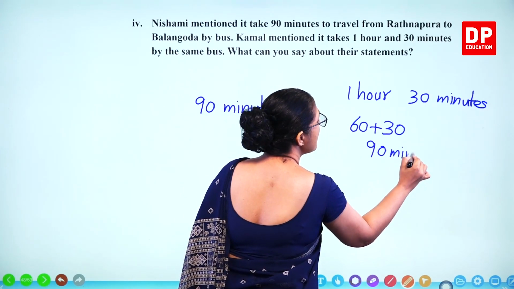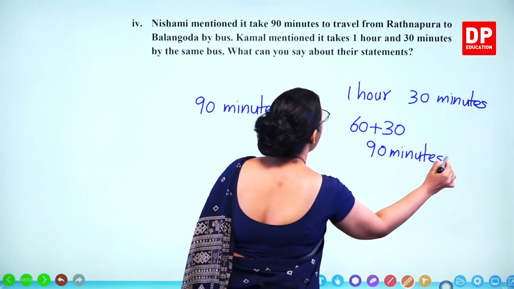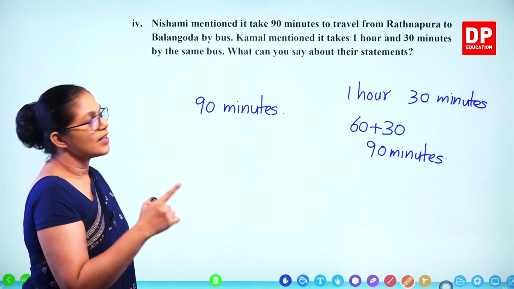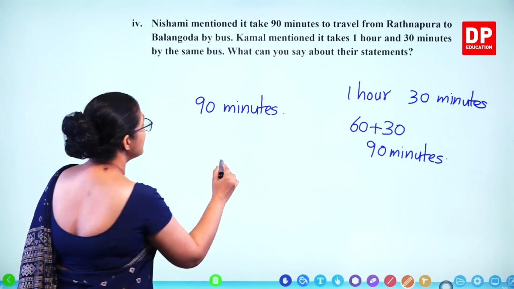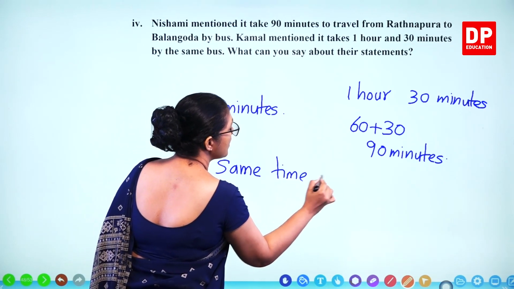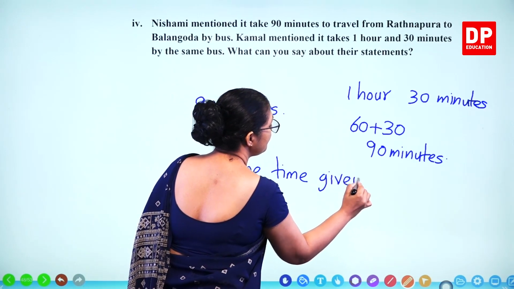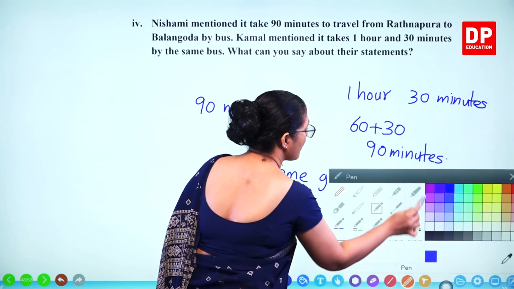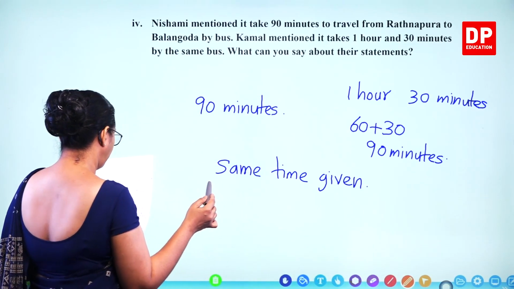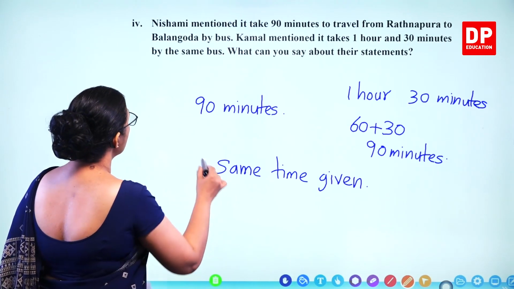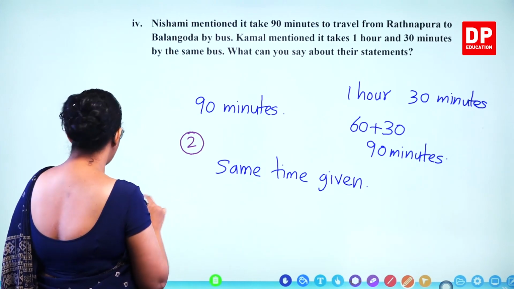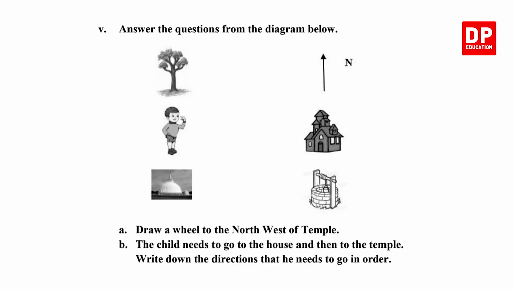So same thing mentioned by Kamal and Nishami. So what can you say? Same time given. So you are getting 2 marks for that. So 9 plus 2, 11.